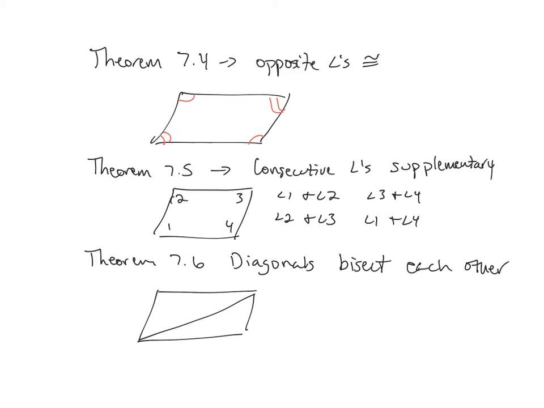Okay, so if we have the two diagonals, then each part of the same diagonal, it's like that middle point where they cross is a midpoint. So it's the same distance on opposite ends. Okay, so those are the four things: opposite sides congruent, opposite angles congruent, consecutive angles are supplementary, and the diagonals bisect each other.